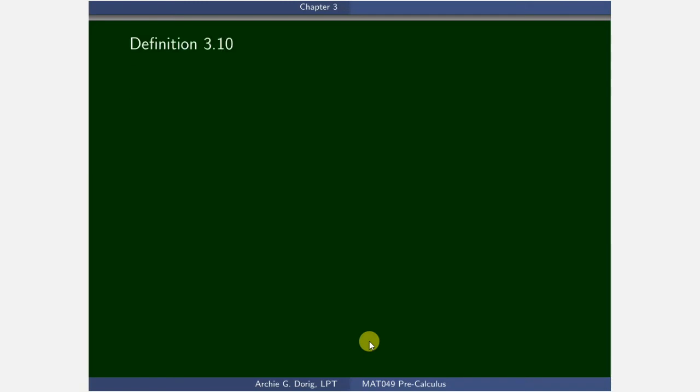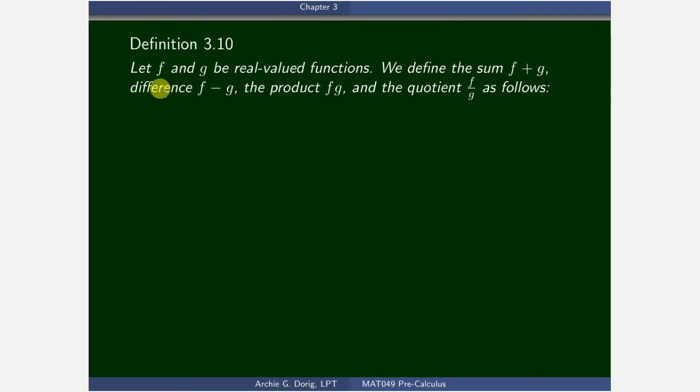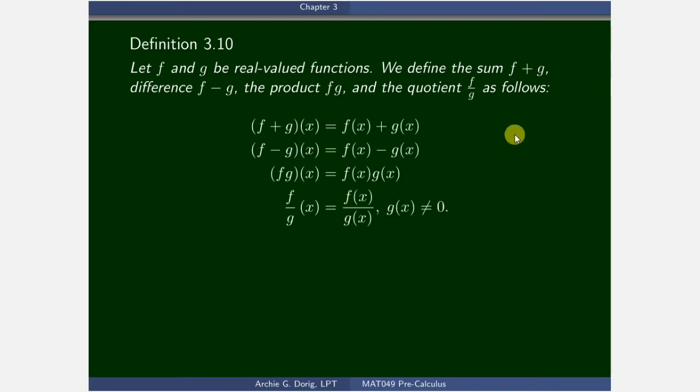Definition: let f and g be real valued functions, and we define the sum f plus g, the difference f minus g, the product f times g, and the quotient f over g as follows.